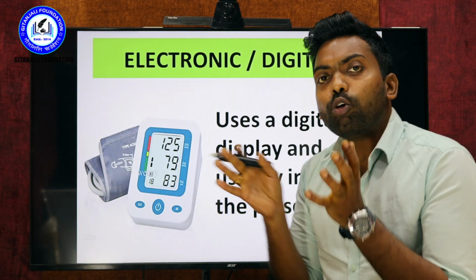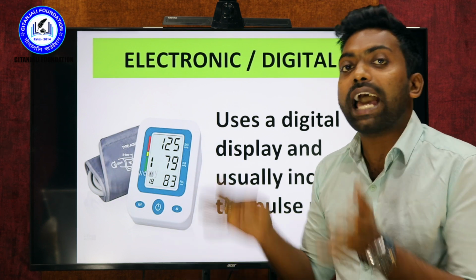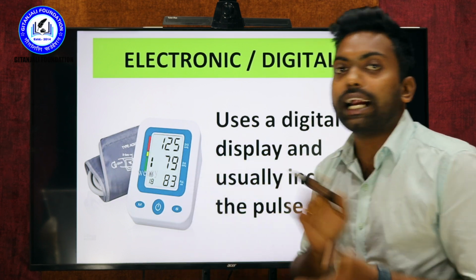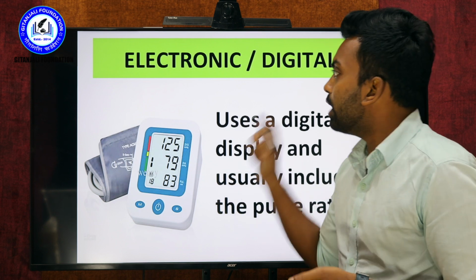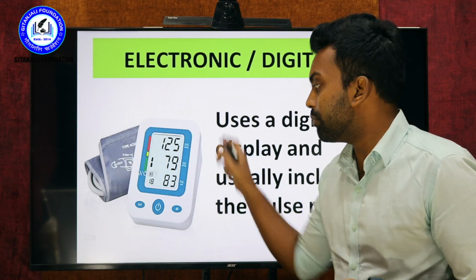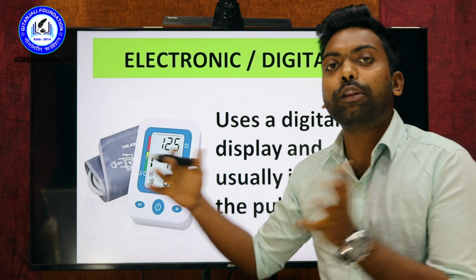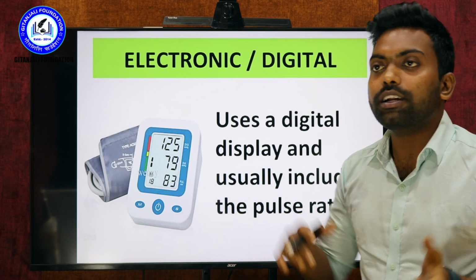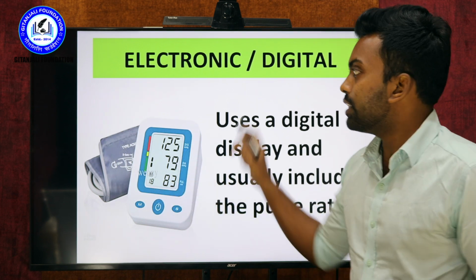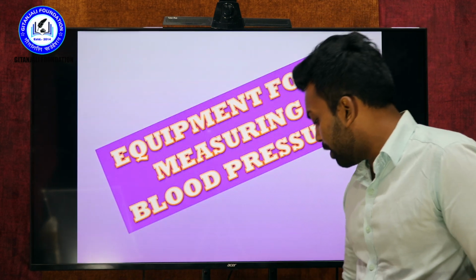Most probably the sphygmomanometer is effective and gives accurate data. The electronic and digital BP apparatus does not give such accurate data, but we still use it in some hospitals and clinics. So these are the two types we use.